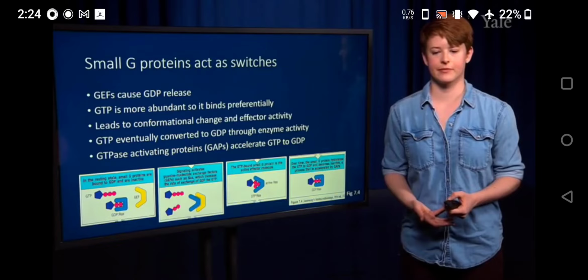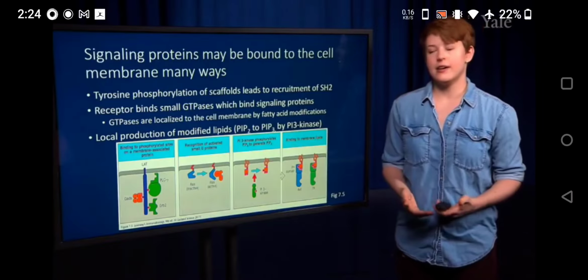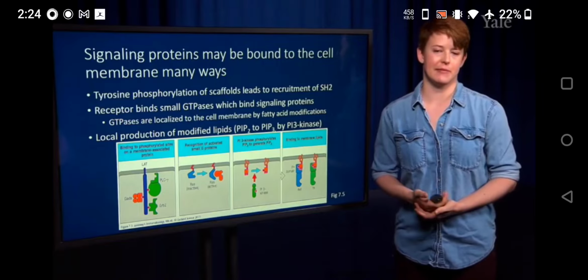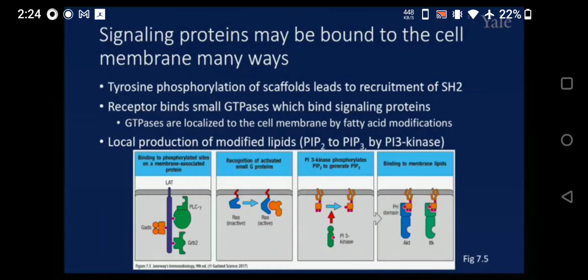So then, with these different components, our signaling proteins may be bound to the cell membrane in several different ways. We talked about scaffold proteins, so that's one example, and this helps lead to the recruitment of other proteins with SH2 domains. The receptors in the membrane can also bind these small GTPases, which then bind additional signaling proteins.